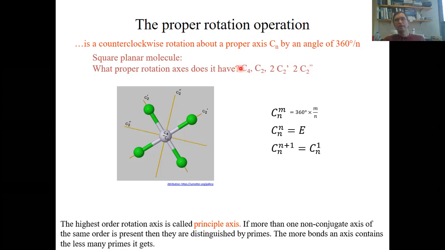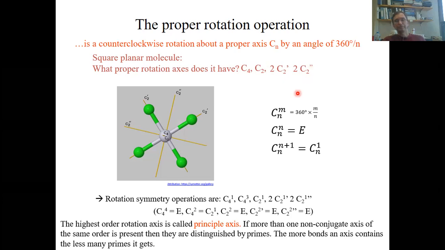Now let us see how many symmetry operations we have associated with these axes. And you see the symmetry operations here. In order to determine the symmetry operations, we need to see how many independent and unique symmetry operations we can carry out with each symmetry element.